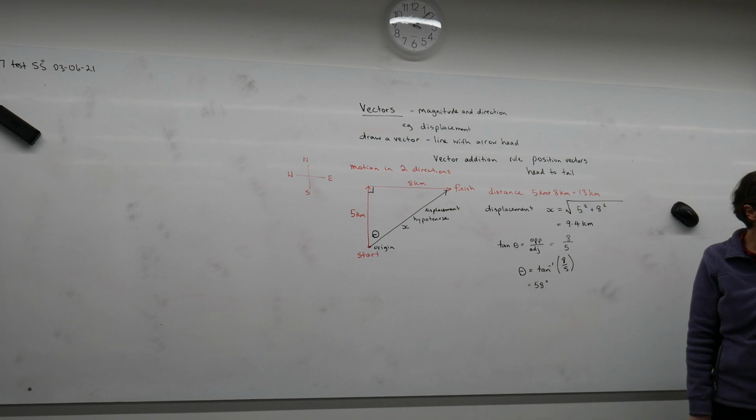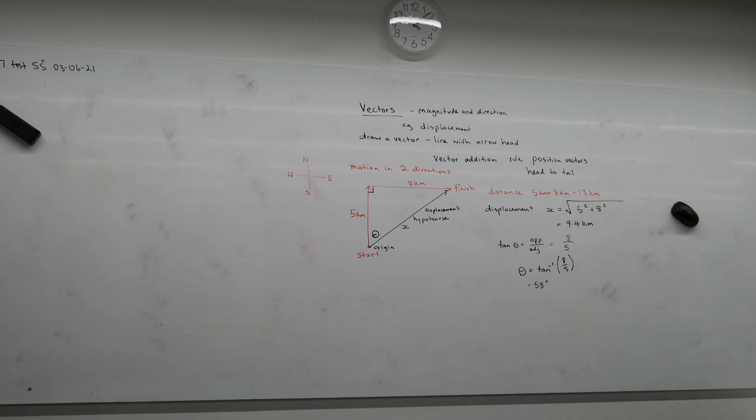We now know the size of the angle, but we're going to need to relate that back to our compass points. What does that angle 58 degrees mean in terms of the compass? Would it be 58 degrees?